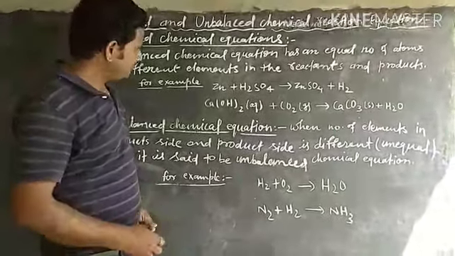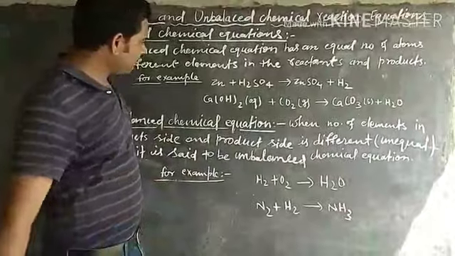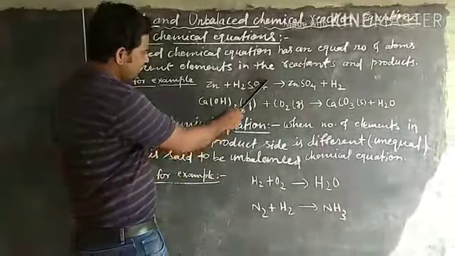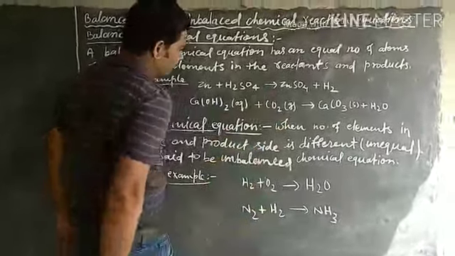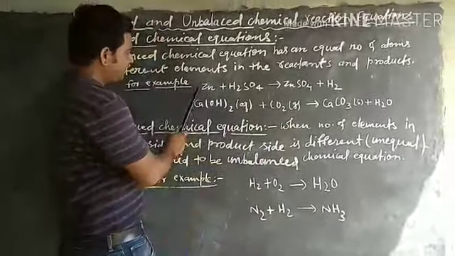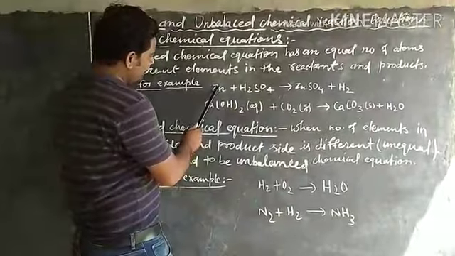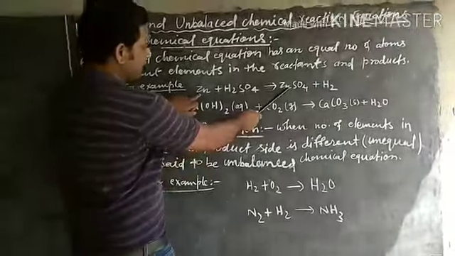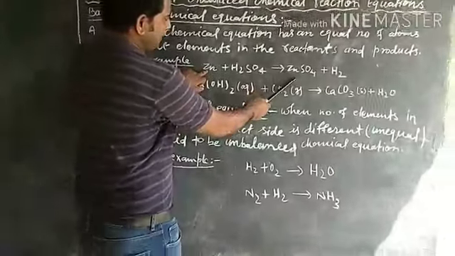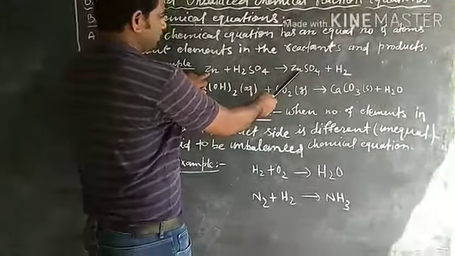For example, look at this example: this is the reactant and this is the product. On the reactant side, the number of zinc atoms is 1, and on the product side, the number of zinc atoms is also 1.